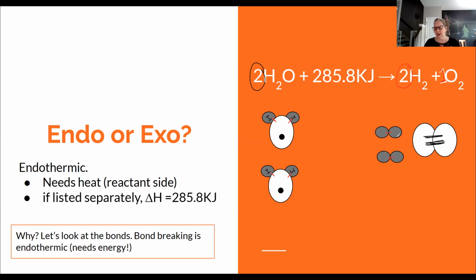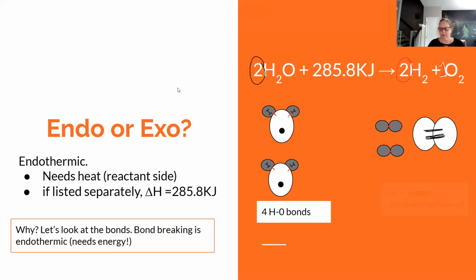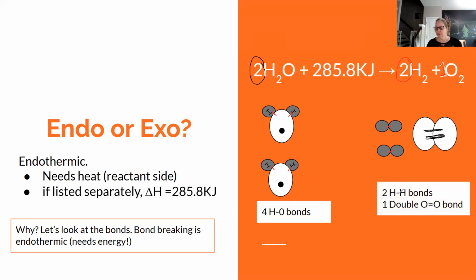So on the right side, I have 2 hydrogen bonds, and I have 1 oxygen double bond. And now I look down here, 4 hydrogen-oxygen bonds on the left, and on the right, 2 hydrogen bonds and 1 double oxygen bond. So I have 4 bonds on the left. Bond breaking is endothermic.